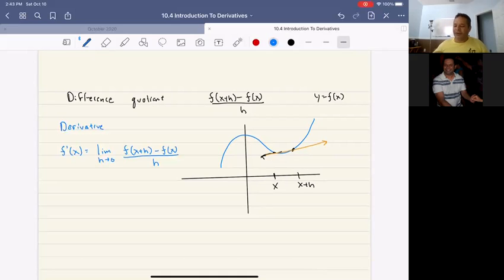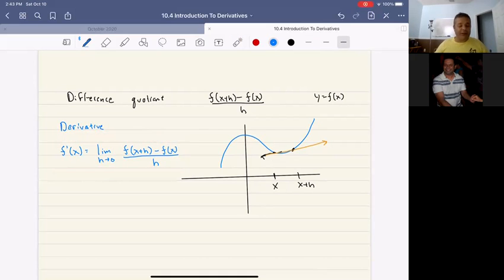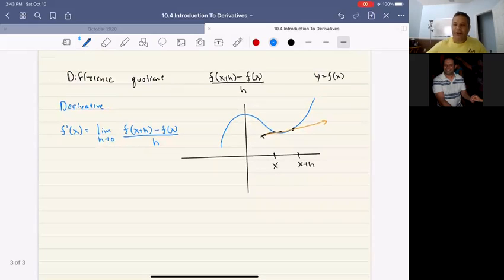Okay, remember those limits from way back at the beginning of the semester? Yeah, they're back now. Okay, so let's take a couple. Let's do number 18. We're going to find the derivative of f of x equals 3x squared minus 2.